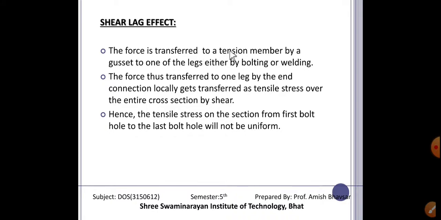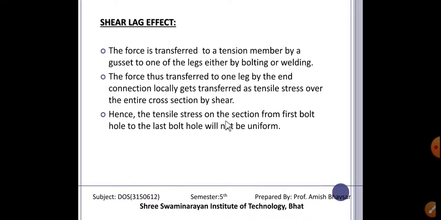The force is transferred to a tension member by the gusset to one of the legs either by bolting or welding. The force thus transferred on the leg by the one end connection locally gets transferred as a tensile stress over the entire cross section by shear.